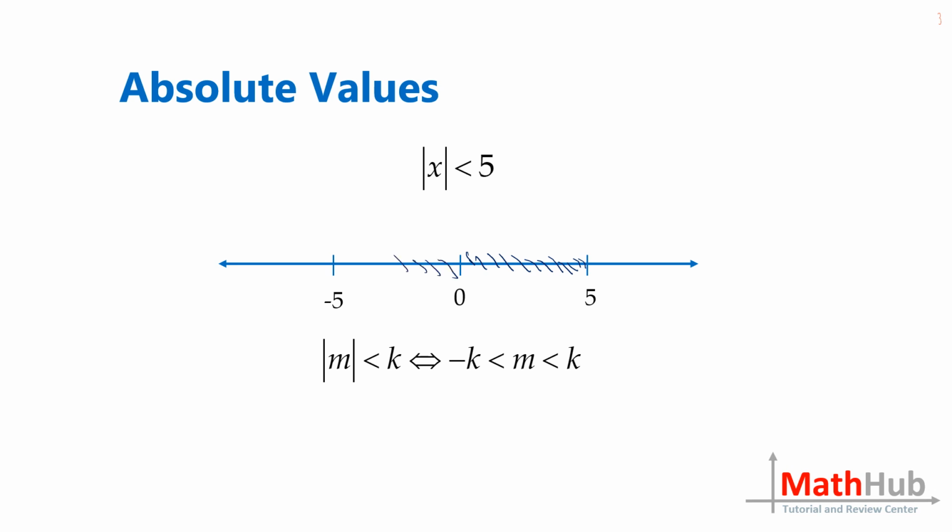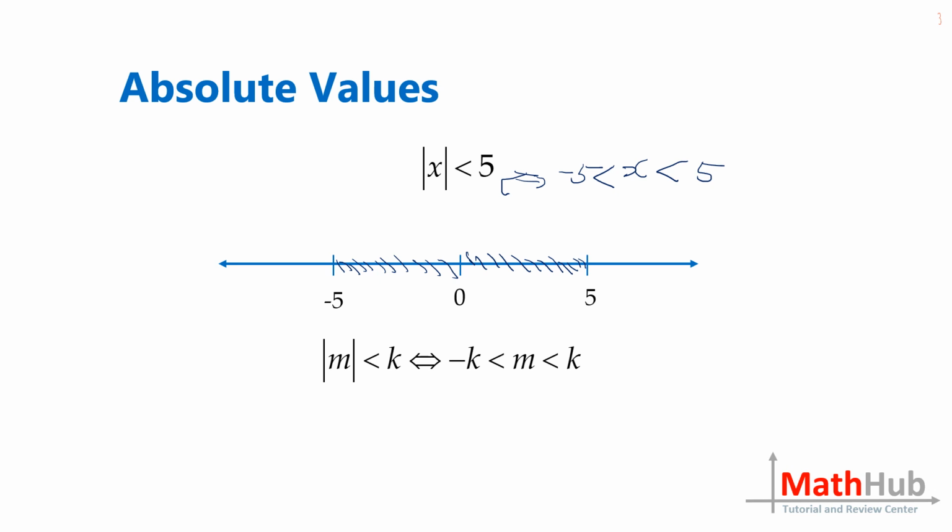Let me just write it here. Absolute value of x is less than 5 becomes x is less than 5 and x should be greater than -5. I'm sorry for my very poor handwriting.